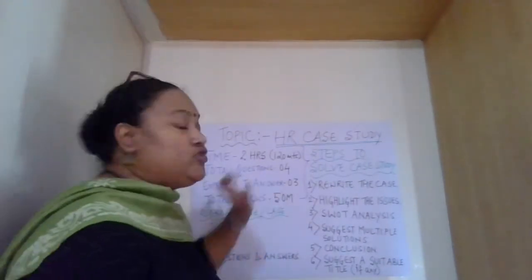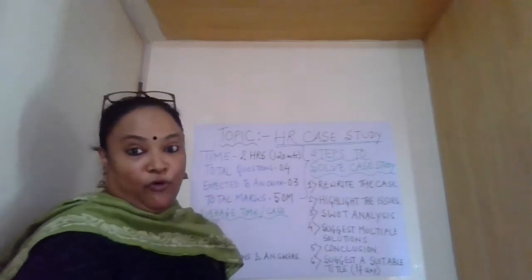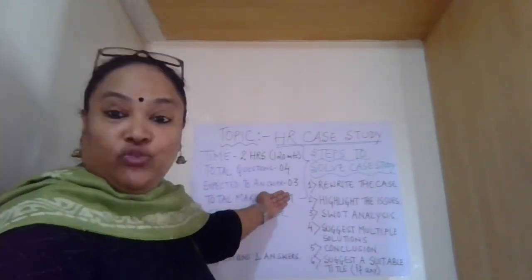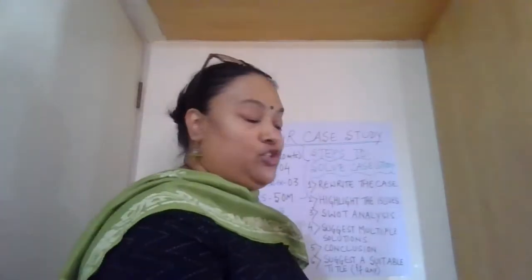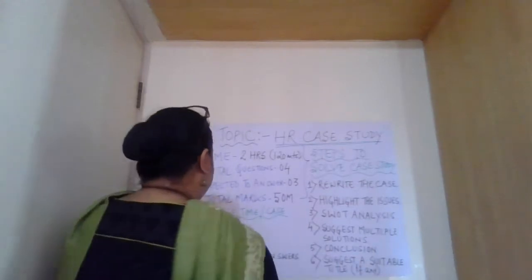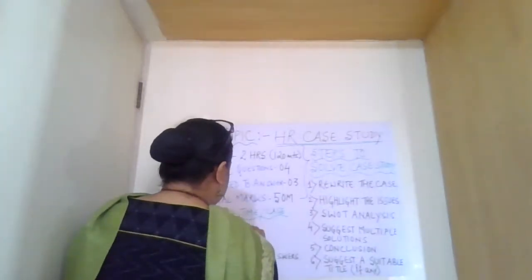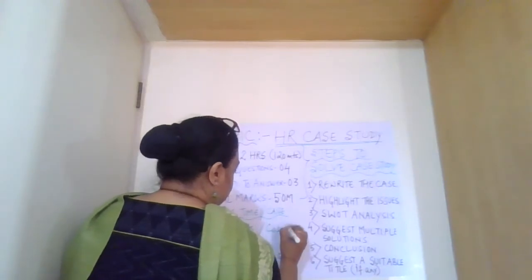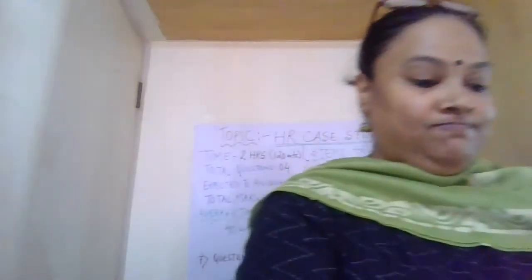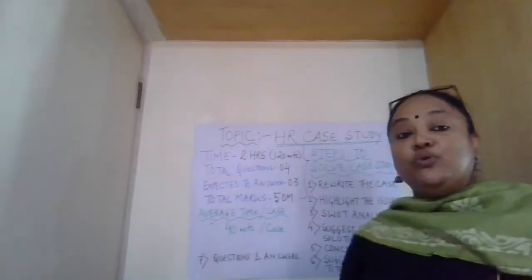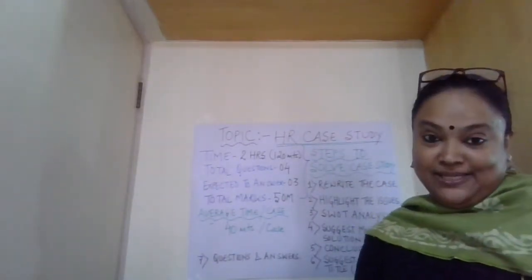The total questions given is 4, of which you are expected to answer any 3 cases, which means the average time per case will be approximately 40 minutes per case. So you have to give 40 minutes to each of the 3 cases.